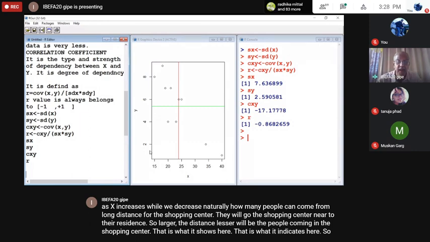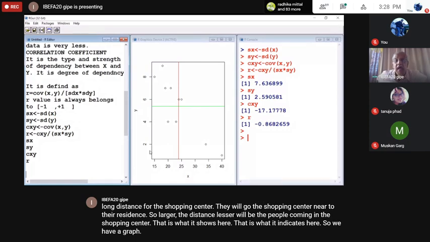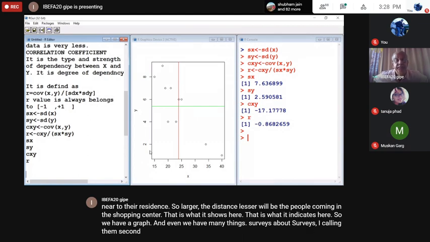So we have a graph and many other things. Sarvesh Bagal, Sarvesh, I am calling him a second time.